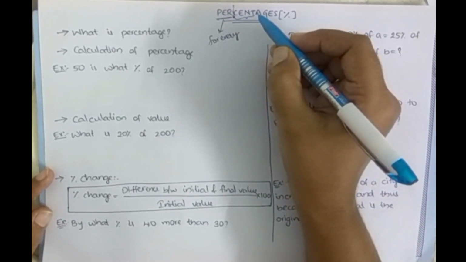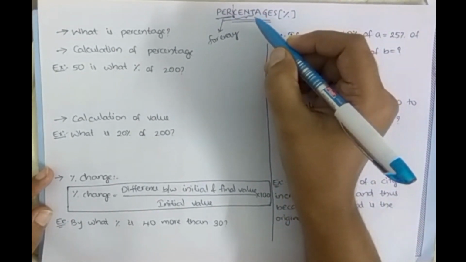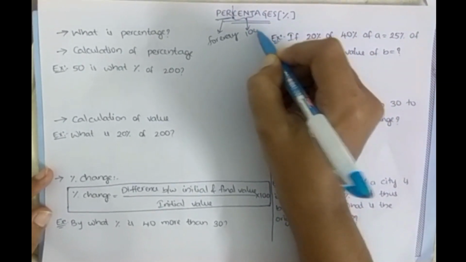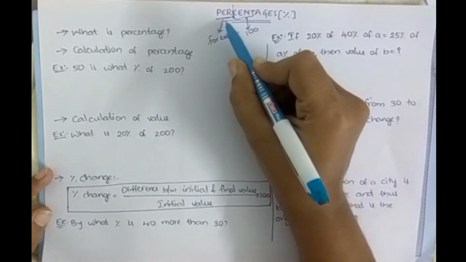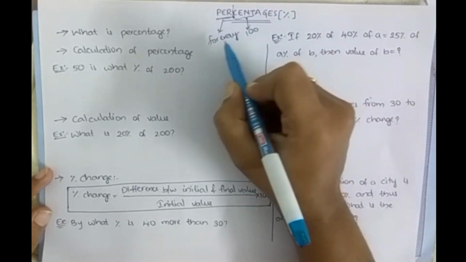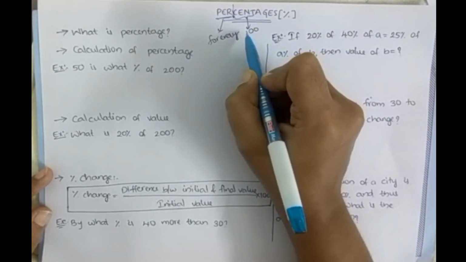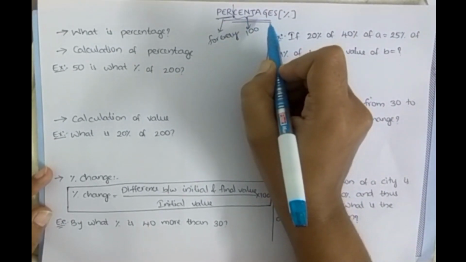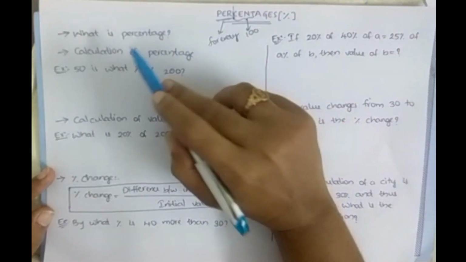What is a century? One century is 100 years. In the same way, cent means 100. So when you say percentage, it means that for every 100, the value of something, when you want to calculate, we say it as percentage.